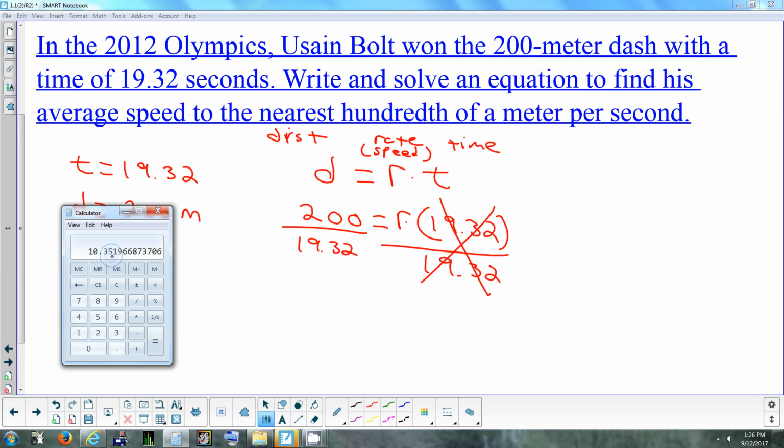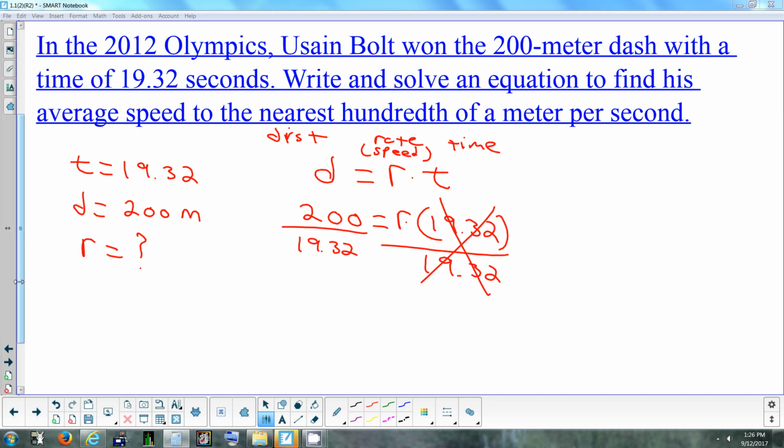What's the number after the 5? It's a 1. So that means you don't round up, you just keep it the same. If it was a 5 or higher, then we would round it up. Okay, so keep it 10.35.